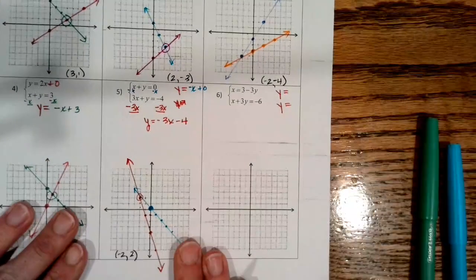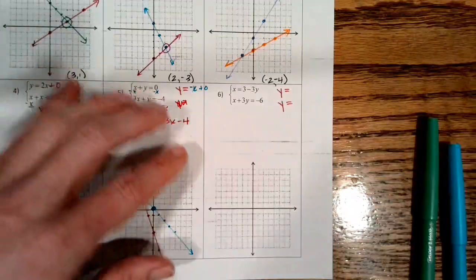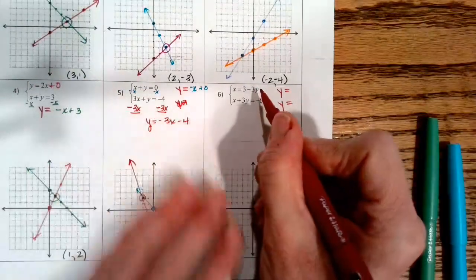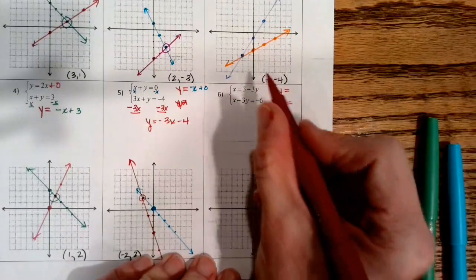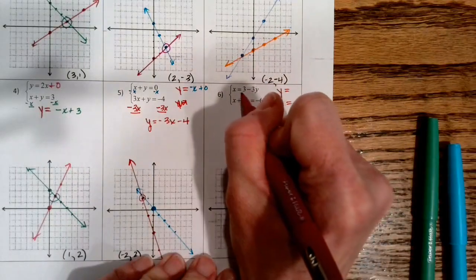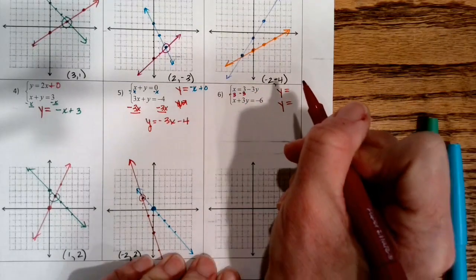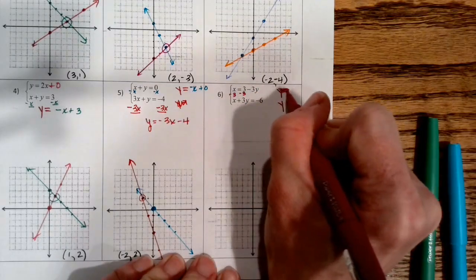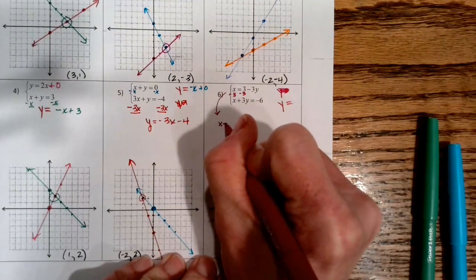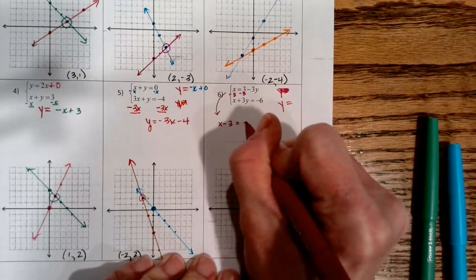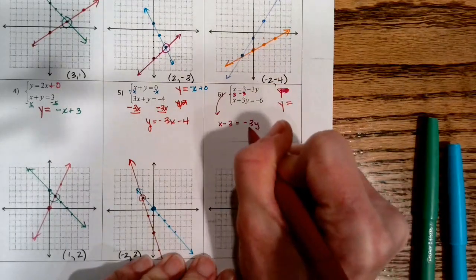Alright, let's do this last one on this side. We're going to go ahead and solve for y. This one's a little trickier to solve for y. It's a little bit more messed up. So I'm going to go ahead and put this -3 over with this x. So x minus 3 is equal to -3y. Don't forget about that negative.